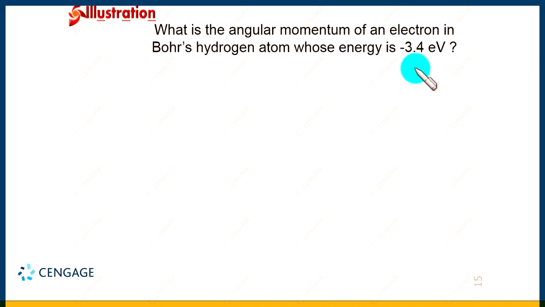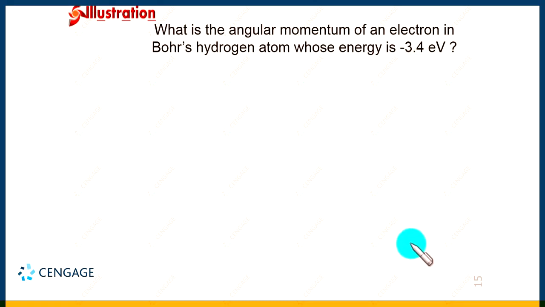For calculating the angular momentum of any point object around a circular path, or you can say circular orbit, we can use the formula mvr. But in this problem, we are not given the velocity, that is v, we are not given the value of small r, that is the radius of rotation. That means we cannot calculate the angular momentum by using the formula mvr. That means we should use some different approach.